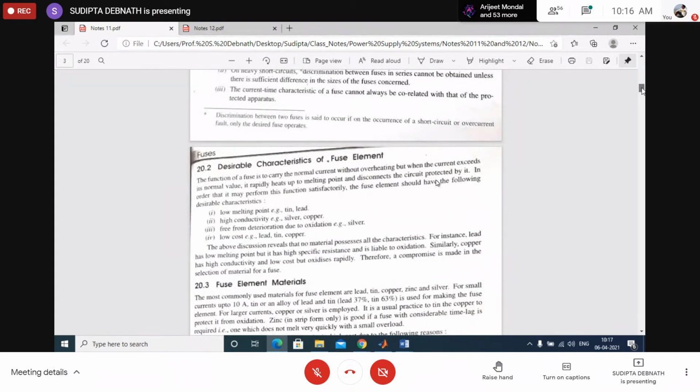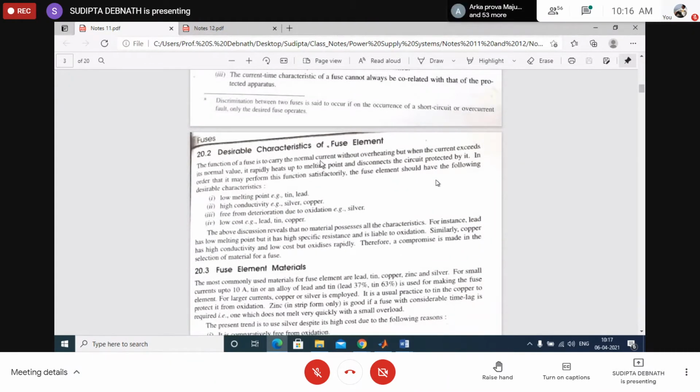Desirable characteristics of a fuse: it should have a low melting point, otherwise large current will flow and it will not melt, and the equipment will be damaged. It should have high conductivity and should not get heated due to continuous flow of current. It should be free from deterioration due to oxidation, and low cost, of course.